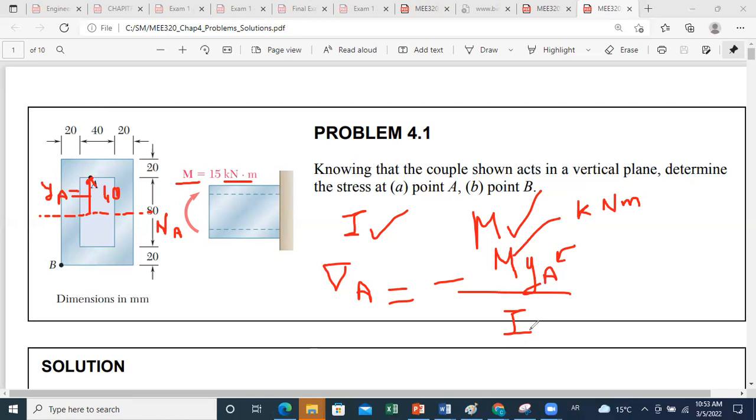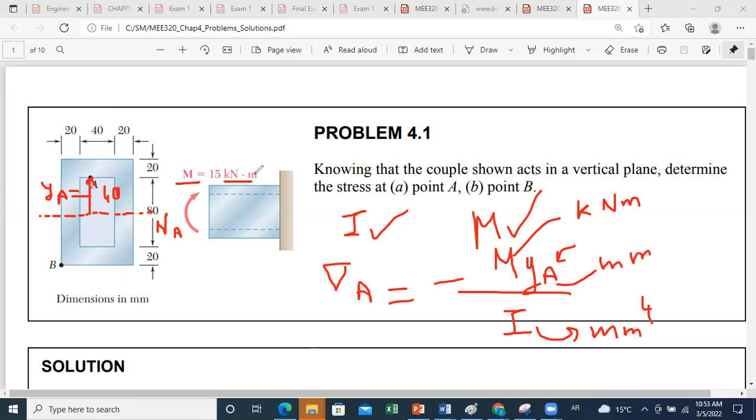So Y to meter and I to meter 4. Or if you wish to keep I in millimeter 4, then you will use YA in millimeter and you will use the moment in kilonewton millimeter. Okay, so then you should do the appropriate conversion.